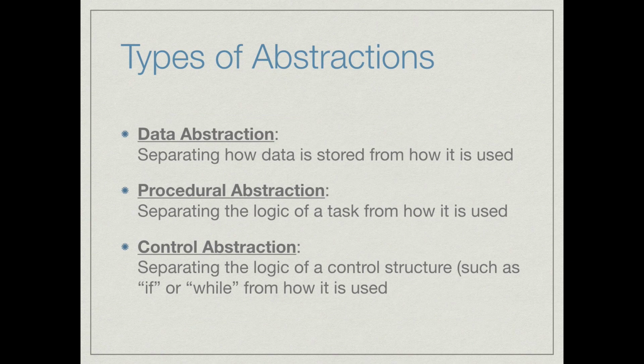So the different types of abstractions that we're going to talk about is first data abstraction, which deals with separating the data storage from its use. So for example, if the bank that you work with stores their data as 2's complement numbers, versus 1's complement, or however they store their data, you don't actually care.